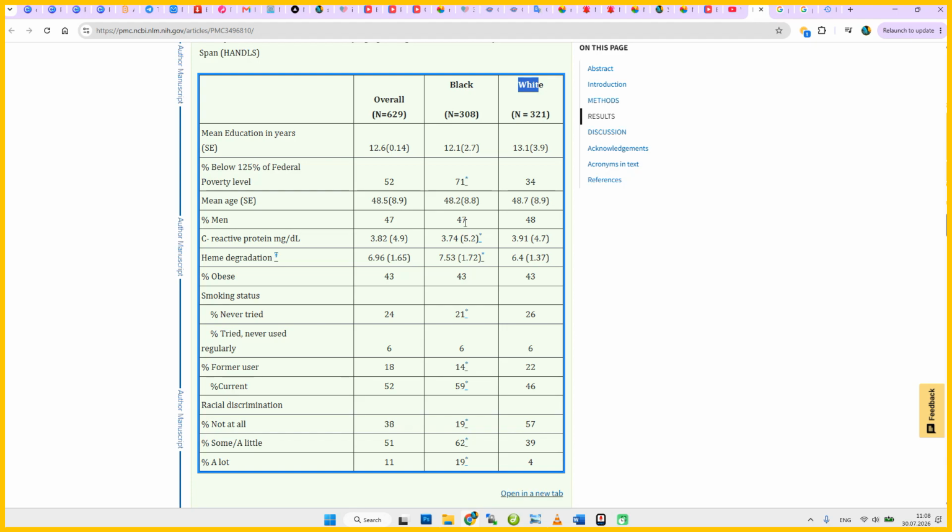So most interesting is here. This is heme degradation. What is that? Okay, let's check.